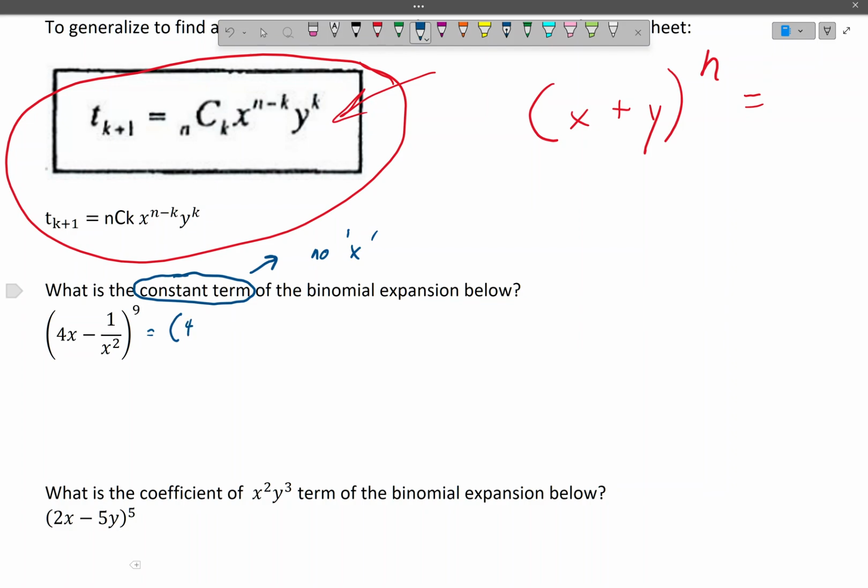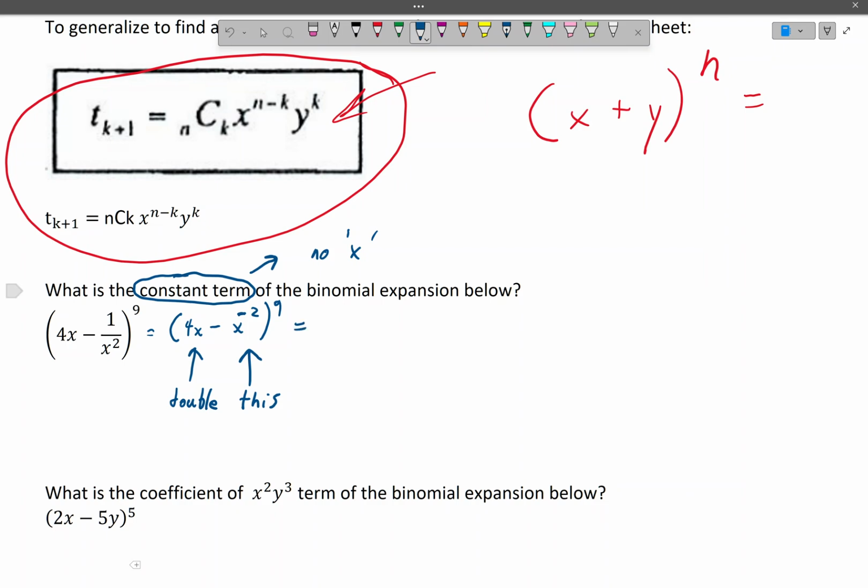Well, let's rewrite it a slightly different way. We're going to rewrite it like this, x to the negative 2. And by doing this, we can see that if this is exactly double this one, then they're going to completely cancel. So we want the positives and the negatives to cancel each other out.